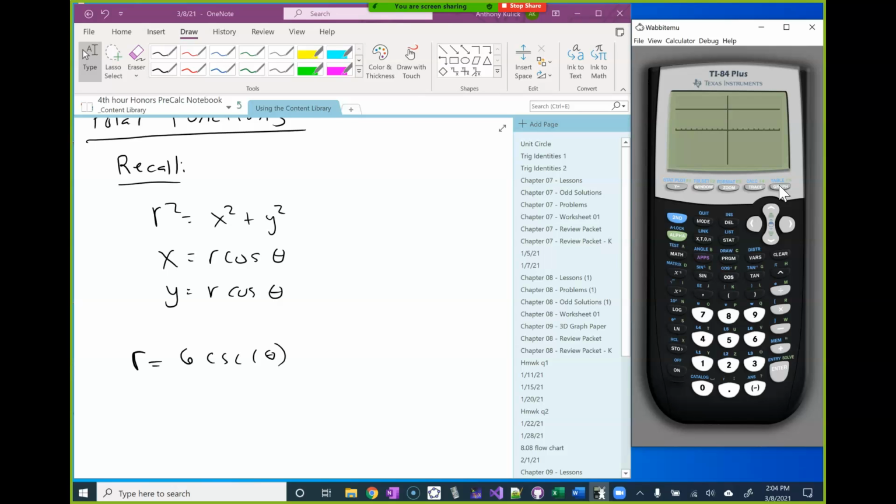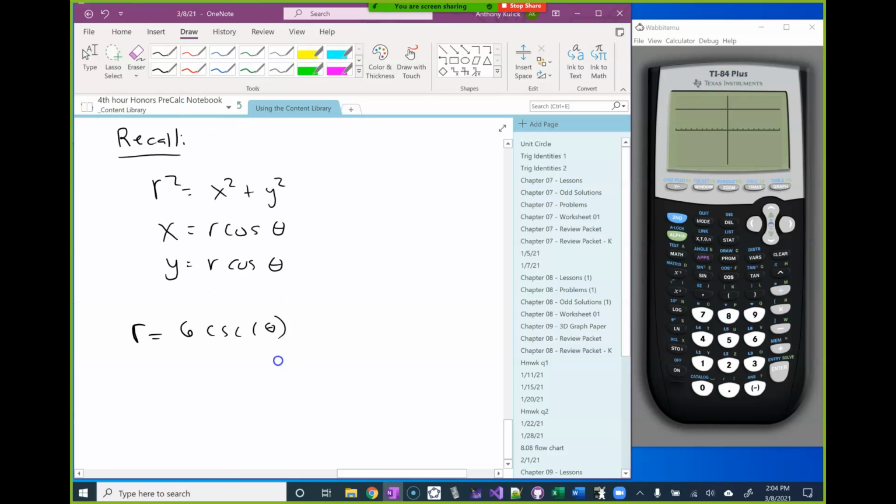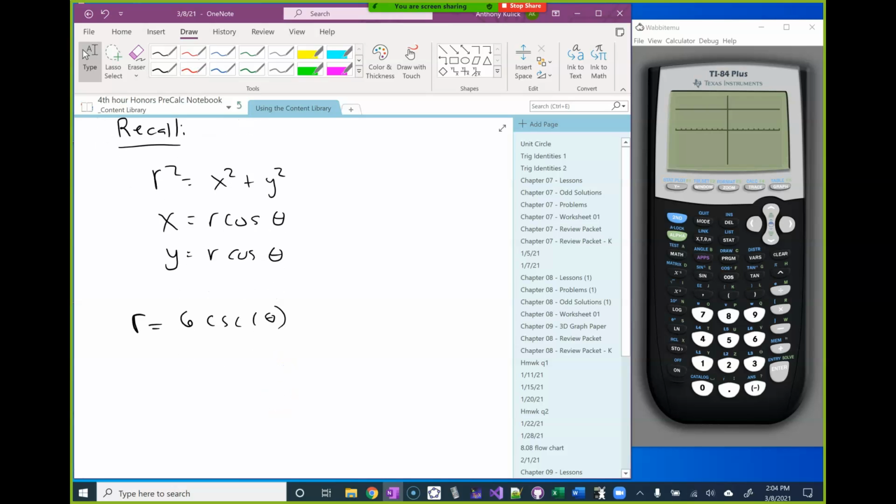Well, let's examine. Let's try converting this into rectangular form. Like we said before, this is the same thing as 6 over sine theta, right? And if I multiply both sides by sine, I have that r sine theta is equal to 6. Okay with that?